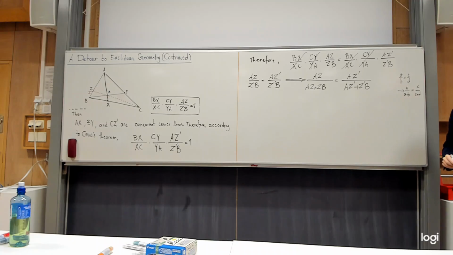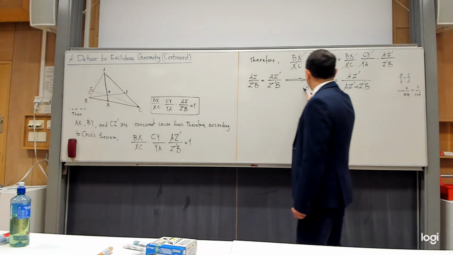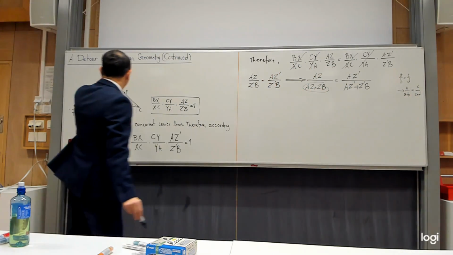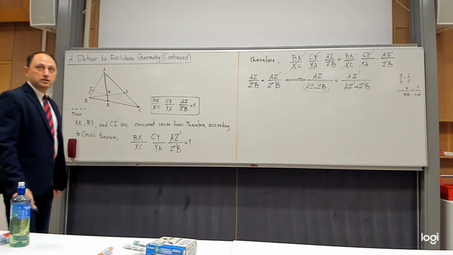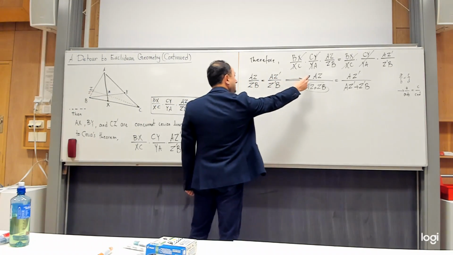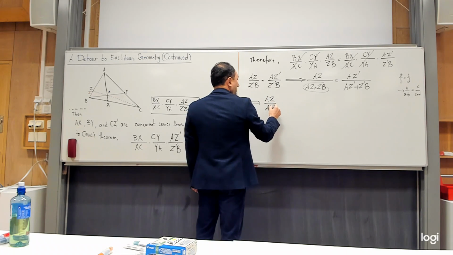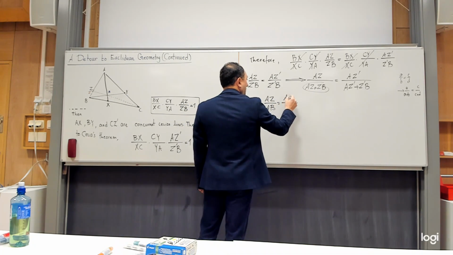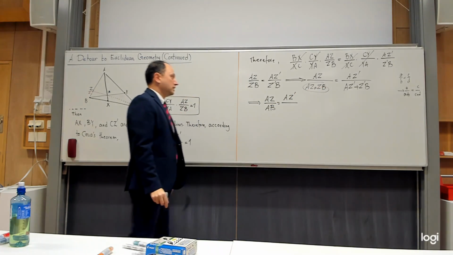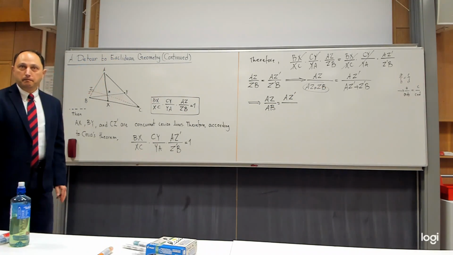So I'm using that. But the point is that AZ plus ZB, what is AZ plus ZB? It is AB. So I can write AZ over AB, equal to AZ prime over, what is the denominator of the second one? AB. Yes?